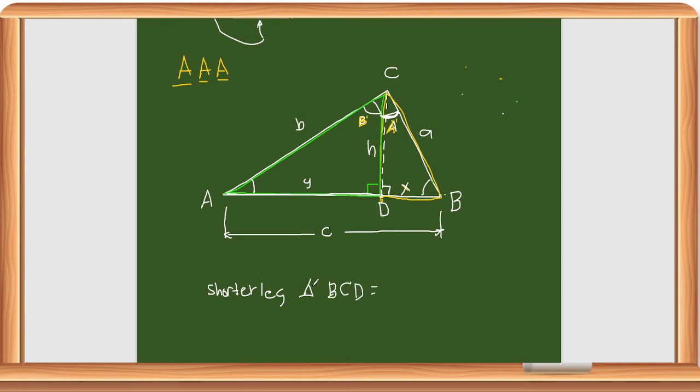Okay, so what is the shorter leg of triangle BCD? We have BCD, etong maliit. Asan yung shorter leg niya? Side po. Yes, side. BD po. Yes, BD, or we can call it as X. Okay, we can name it as X para isang letter lang.